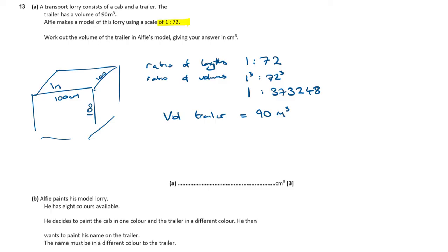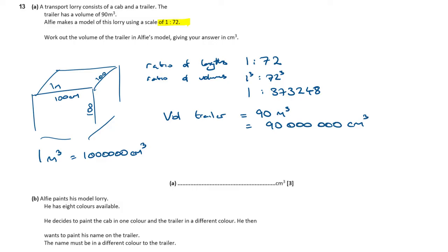Okay, so 100 times 100 times 100 is actually 1 million. So 1 cubic meter is the same thing as 1 million cubic centimeters. Okay, so 90 cubic meters is going to be 90 million cubic centimeters.